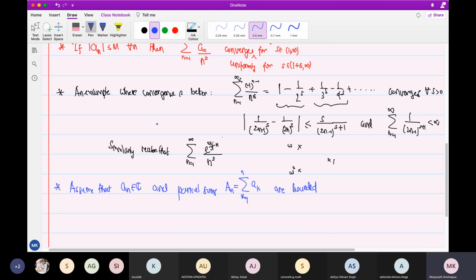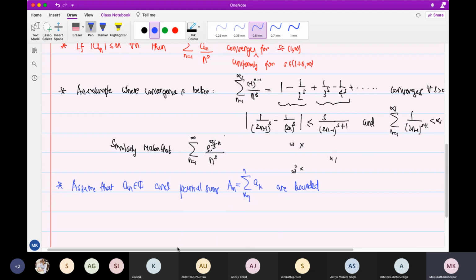So earlier I assumed that the terms are bounded, but here I'm assuming that the partial sums are bounded. Then the series sum a_n by n to the s converges for s positive, and uniformly for s bigger than delta, any delta positive.